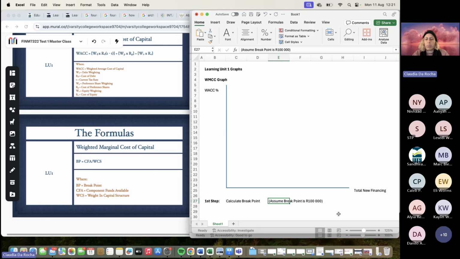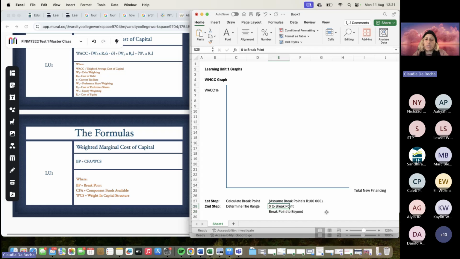So assume we calculate the breakpoint. We've taken the available funds, divided by the weighting, and we get 100,000. What it means is we have ranges. So the second step is to determine the range. We start from 0 to breakpoint, and then breakpoint to beyond.